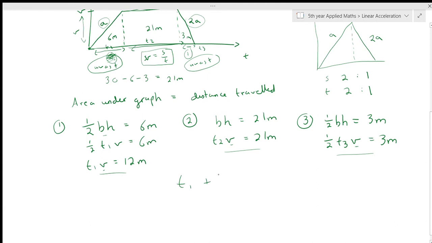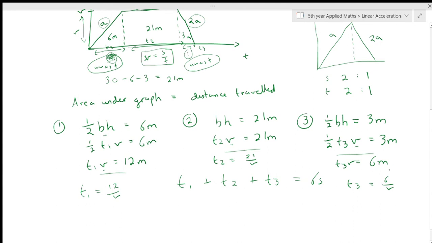Now let's see, can we get t1 in terms of v? t1 would equal 12 over v, t2 would equal 21 over v, and t3 times v would equal 6 meters, so t3 would equal 6 over v.